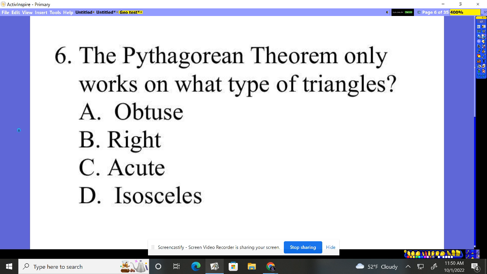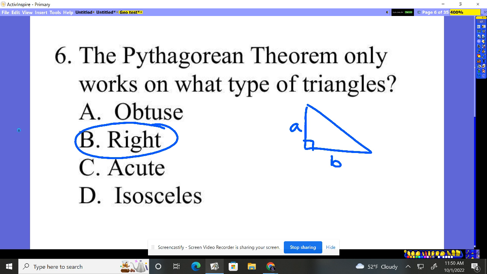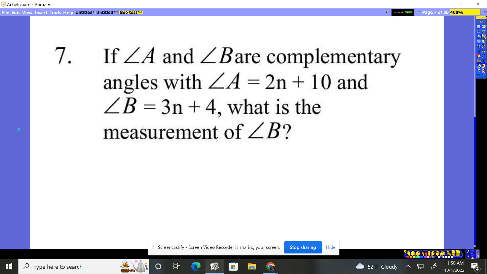Number 6, the Pythagorean theorem only works on what type of triangles? Right triangles. Remember, it always has a right angle right there, and a squared plus b squared equals c squared. Right triangles. Angle A and B are complementary angles. What does complementary mean?